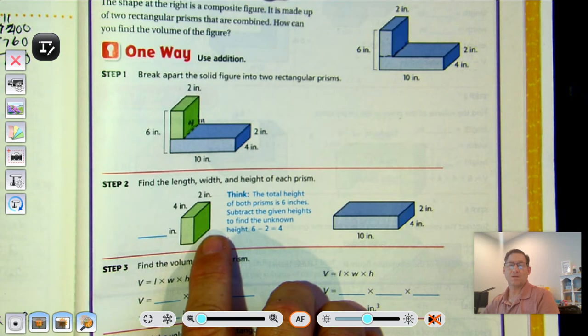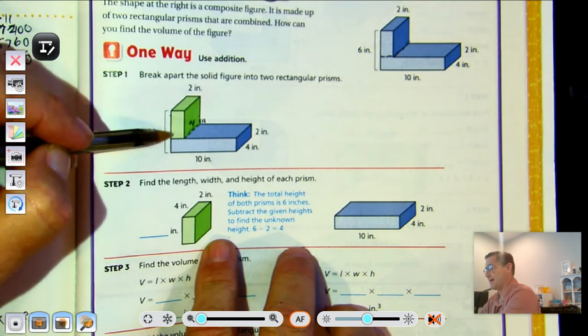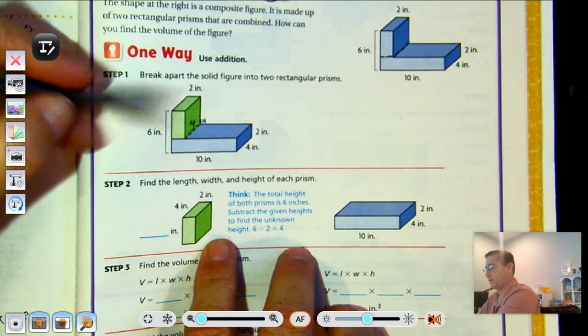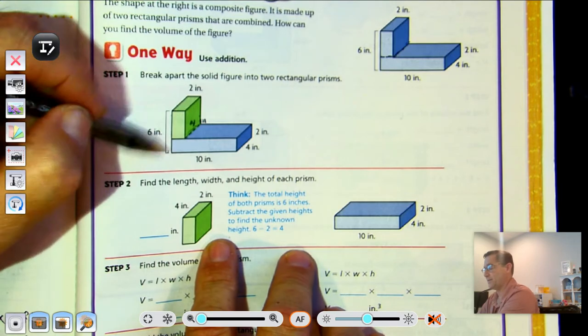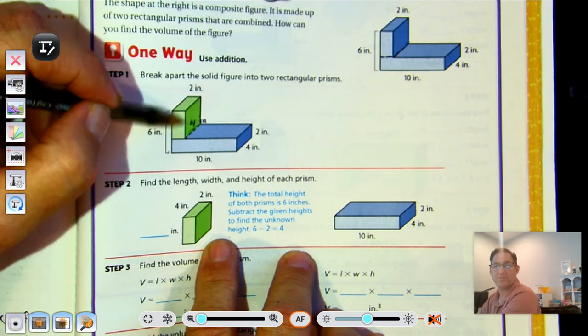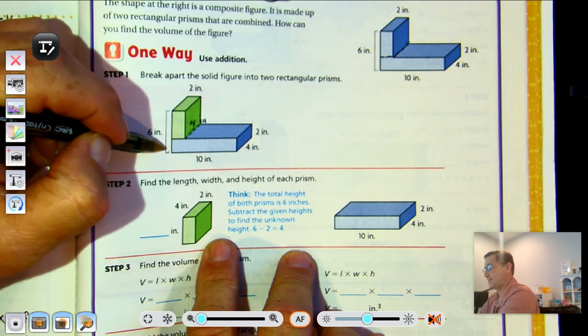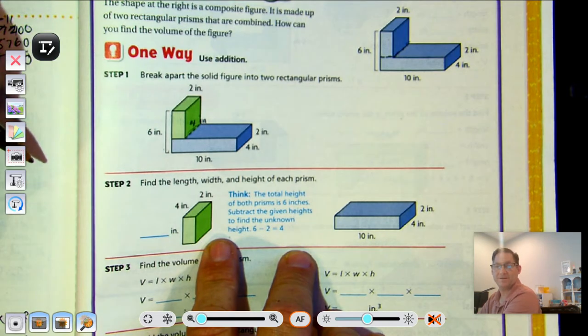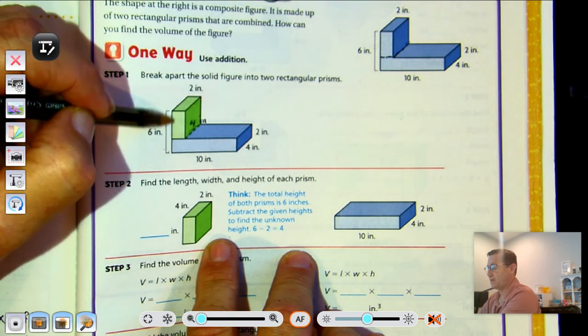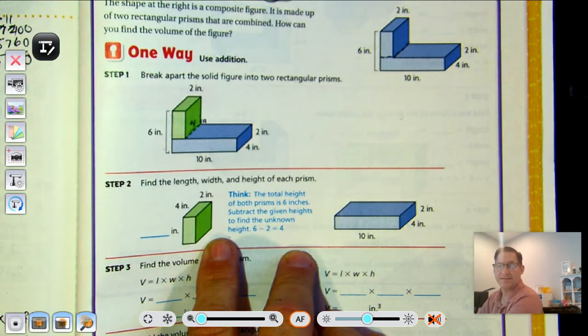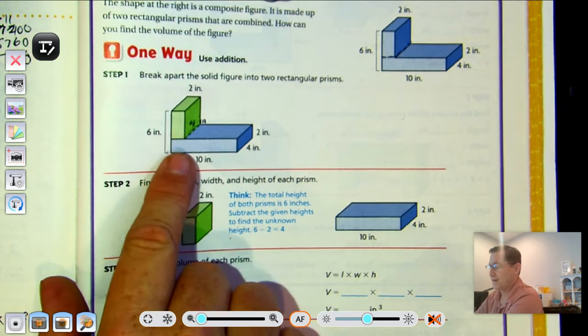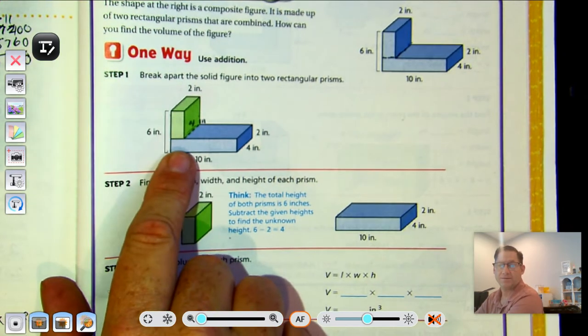Okay, so the only thing we have problems finding is the height. Well, they're telling us that putting the two different rectangular prisms on top of each other has a height of 6. But the top rectangular prism is not 6 by itself. So we have to subtract the height of this blue part.